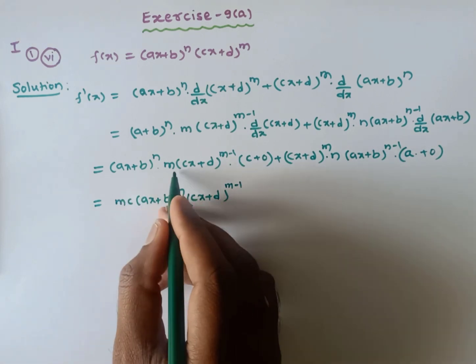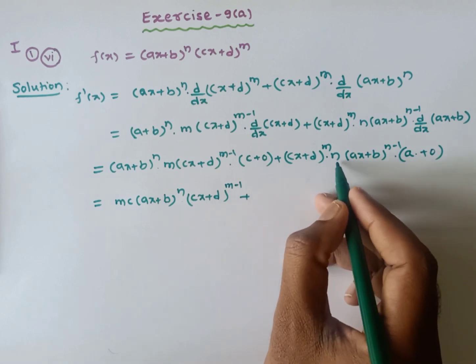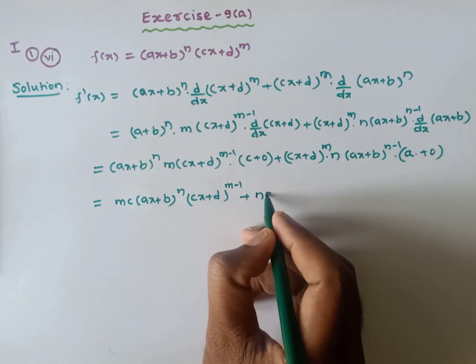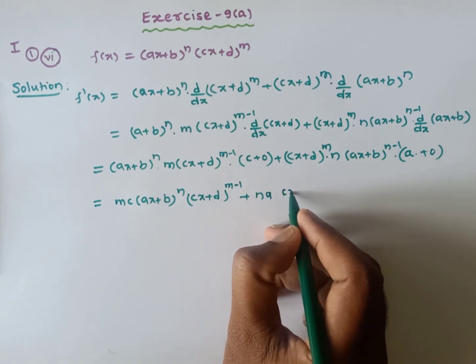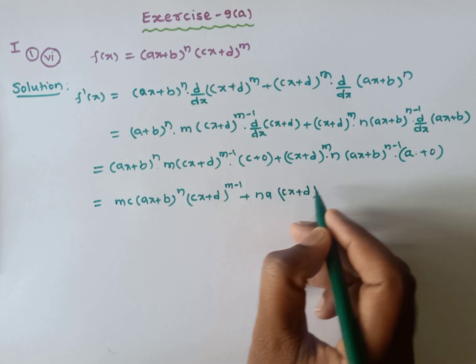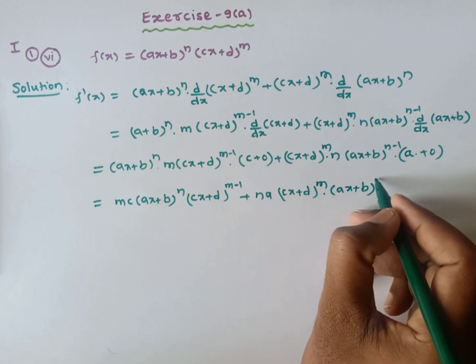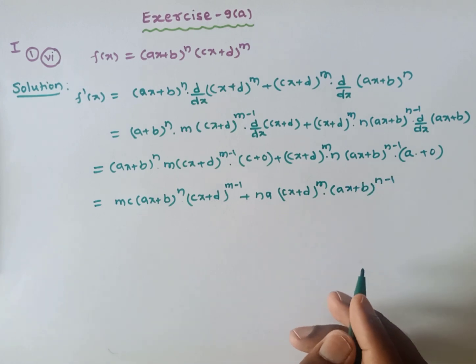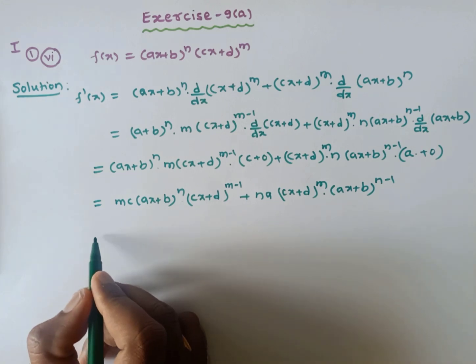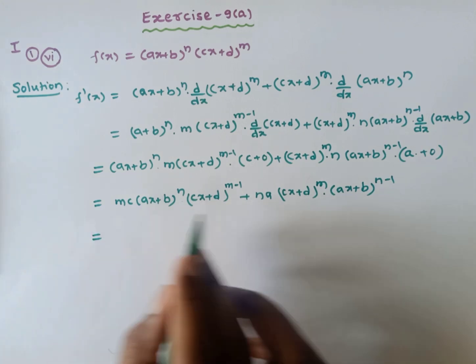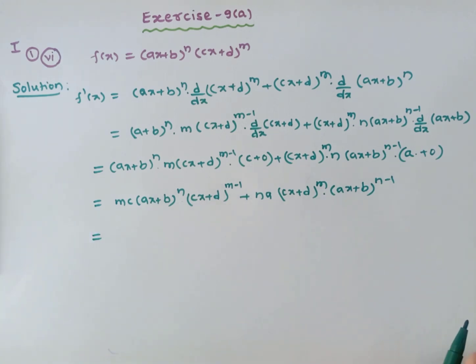Next, here the constants are n and a, so it is n into a times (cx plus d) whole to the power of m into (ax plus b) whole to the power of n minus 1. Okay, now with this the derivative is over. I am just simplifying the solution.